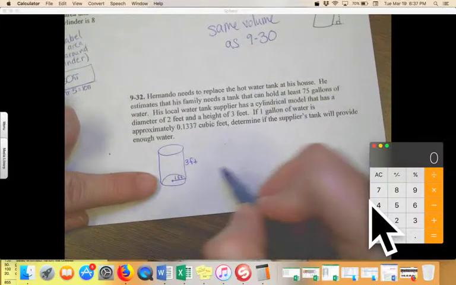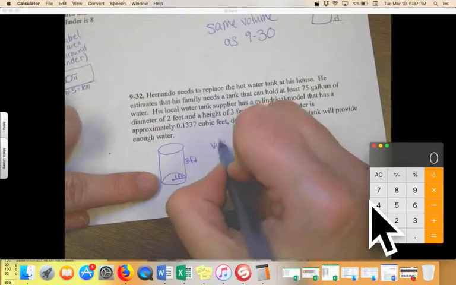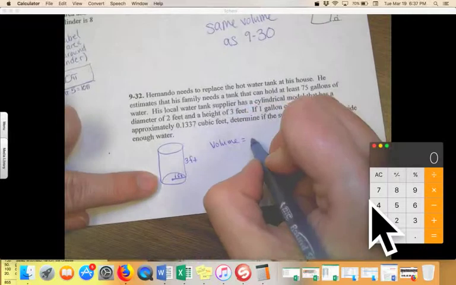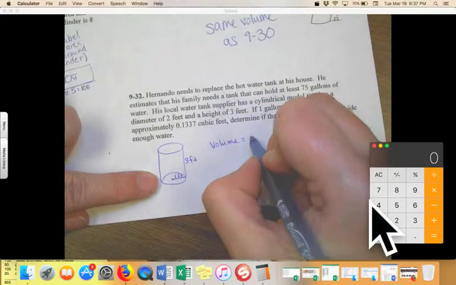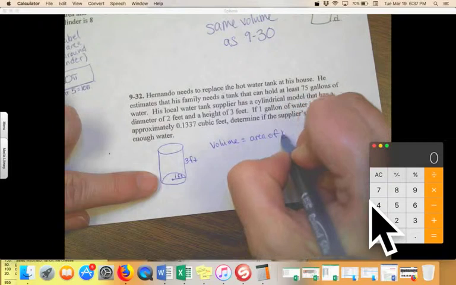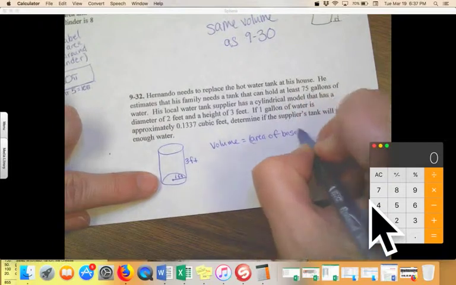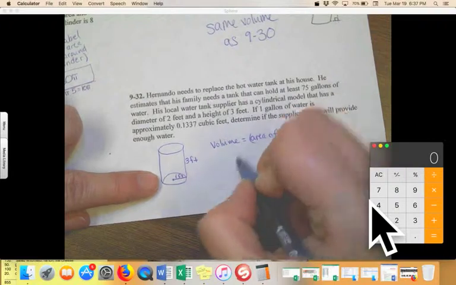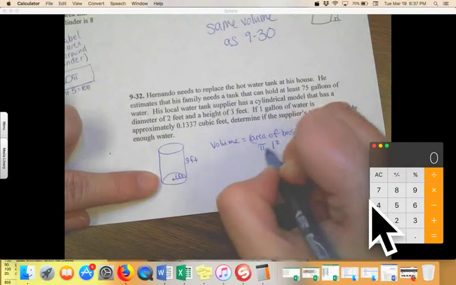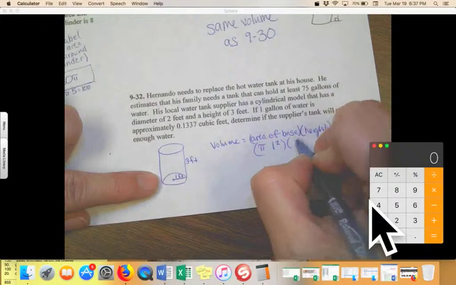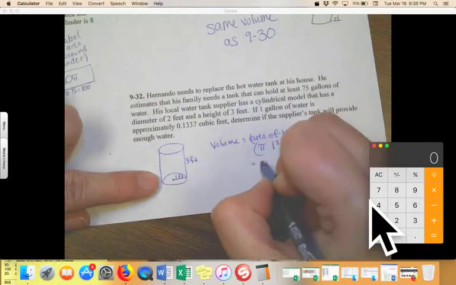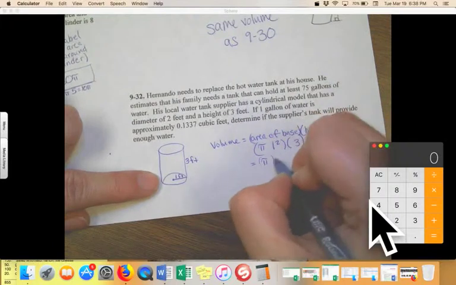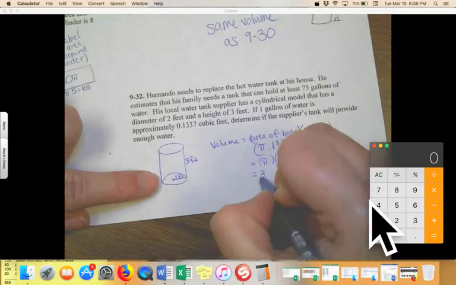So the volume of this tank will be the area of the circle, area of the base, multiplied times the height. So pi times 1 squared times the height of 3, or pi, because 1 squared is 1, times 3, or 3 pi.